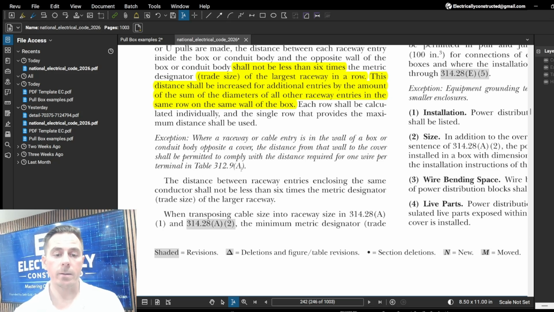We're going to go over that in the next video as well with the U poles. And let's keep going. The distance between raceway entries enclosing the same conductor shall not be less than 6 times the metric designator, the trade size, of the larger raceway. All right, let's highlight that whole thing.